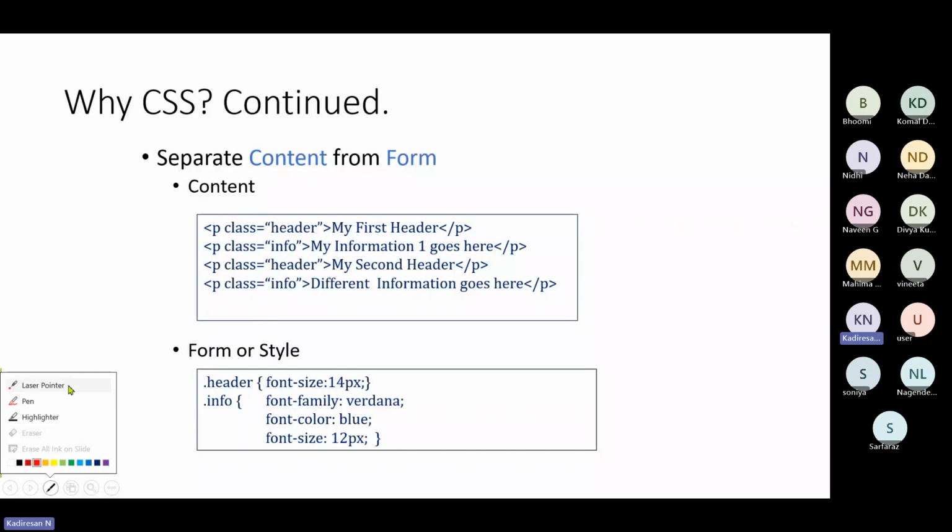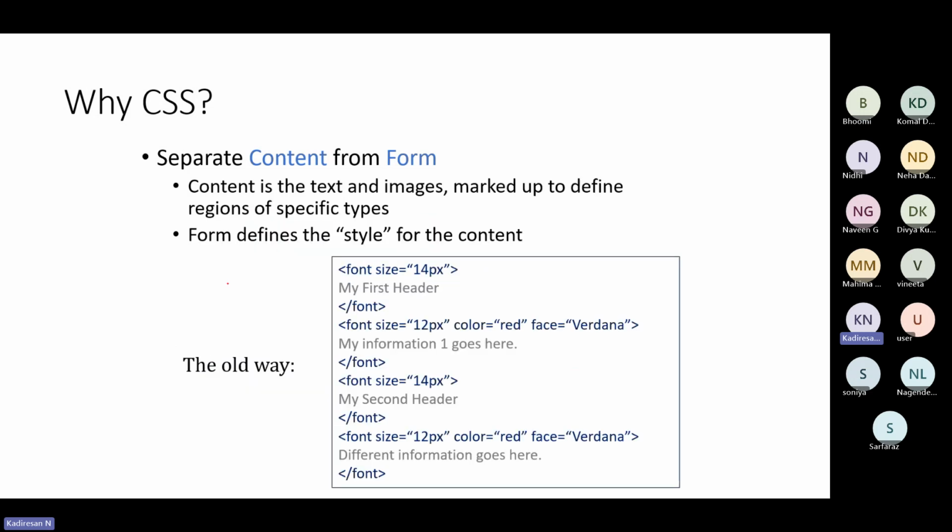This is the first header, this is the information, and this is the second header, and this is the information. This is the entire content which I have made here. I have given separate headings or separate format and layout for each content.